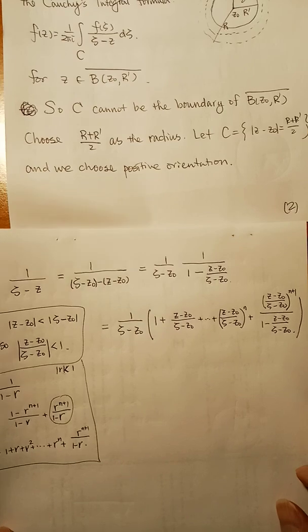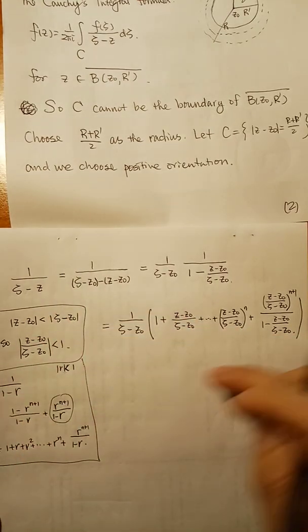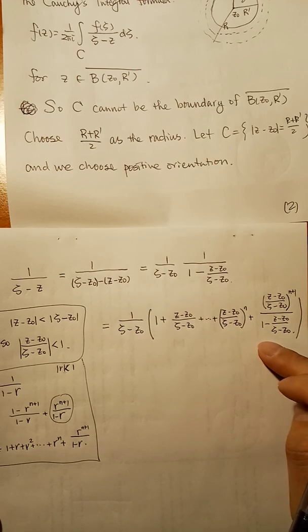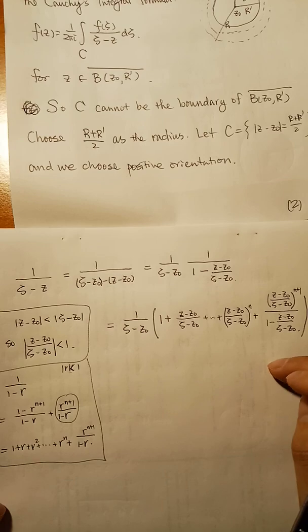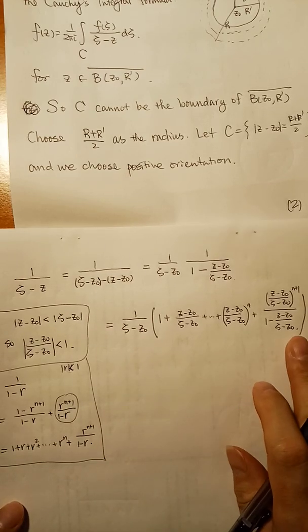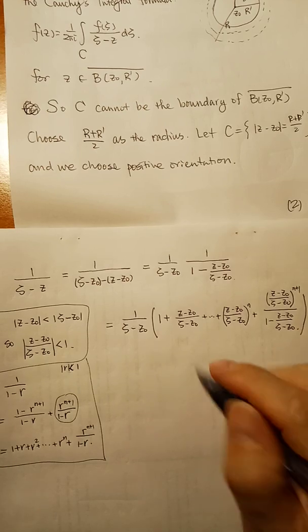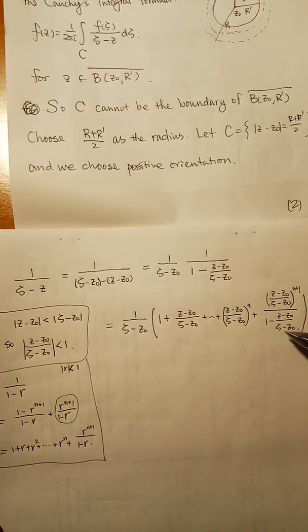Okay, this part is the argument for why you get this in the textbook. So far, we only have finitely many terms. This part is more or less like the partial sum. Here is the remainder, right?